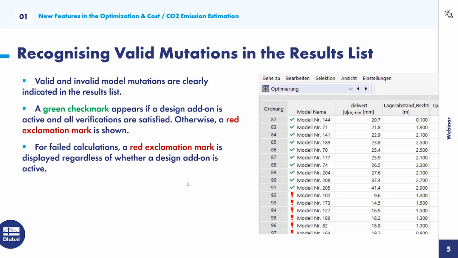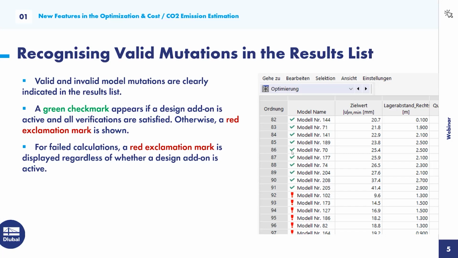A valid model mutation is one where you are using a design add-on in the background. This means that all verifications within the activated design add-ons, it could be that you use several ones like steel and concrete and timber together, are satisfied. If everything is fine and the verifications you set up in these add-ons are fulfilled, you will see a green check mark.